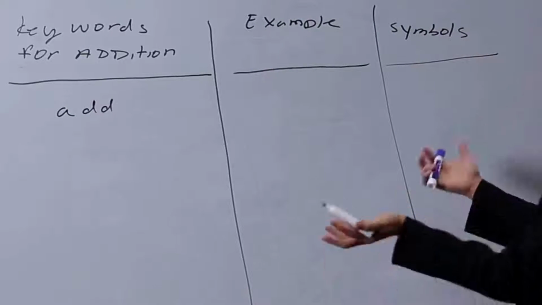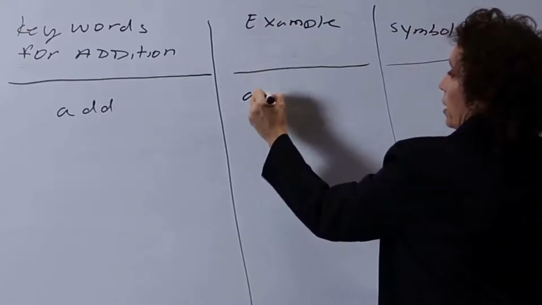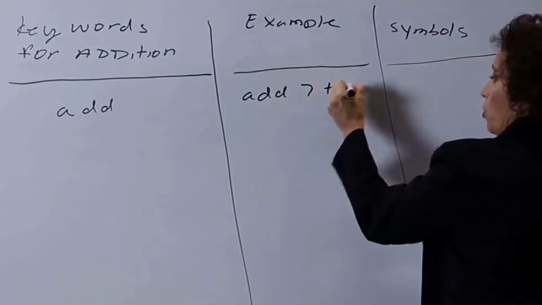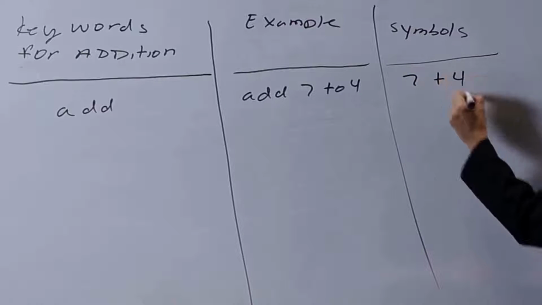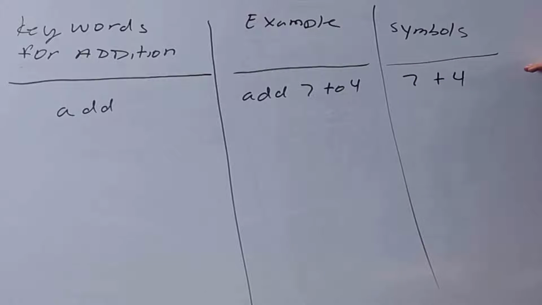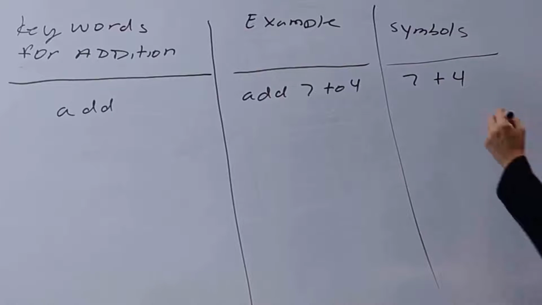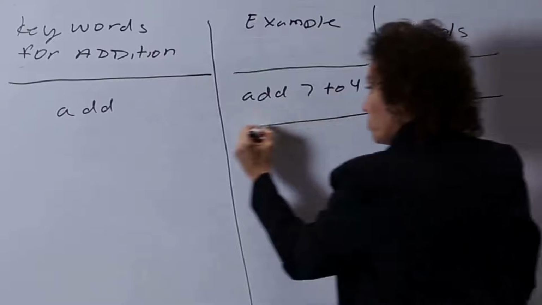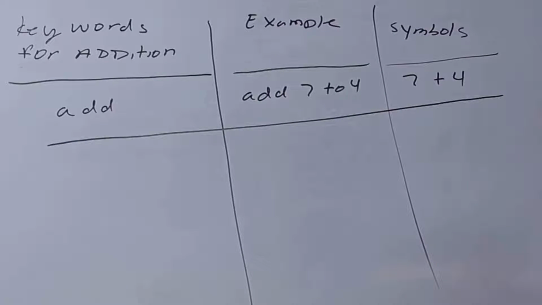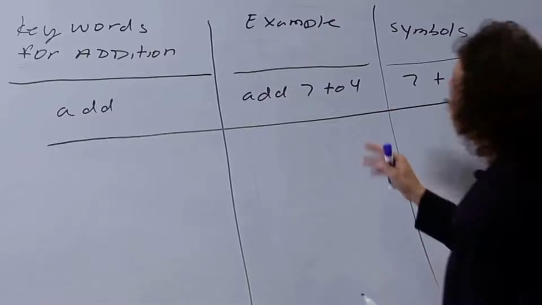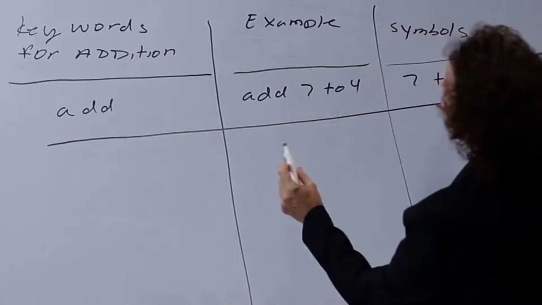You know when you see add, you're going to add, obviously. And let's say add 7 to 4. That means 7 plus 4, which we could also write as 4 plus 7 because addition is commutative. I want you to be careful about doing that because not every operation is commutative. So I want you to be careful about changing the order unless you have to. Okay, so add 7 to 4 is 7 plus 4.